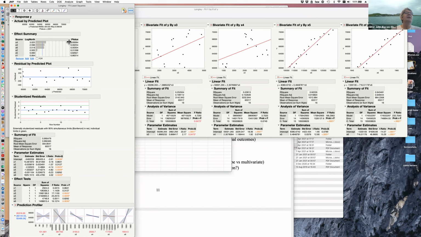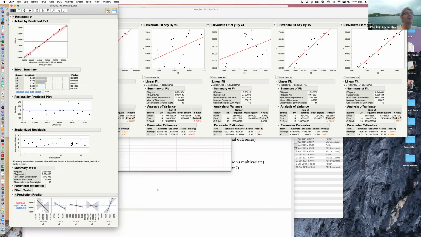Now, of course, we can do a comparison and see what happens if we drop some of these. So the effect summary in JMP tells us that actually x1 is probably the least useful of all these variables, right? So both x1 and x5 don't seem to be useful. We can remove x1. What happens? The adjusted R squared actually goes up a little bit.